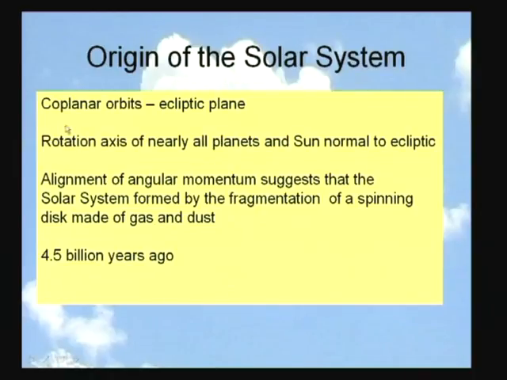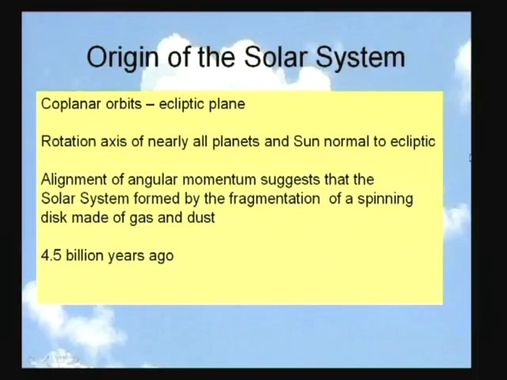The basic fact is that the orbits of all the planets are nearly coplanar with the ecliptic plane. Ecliptic is the plane in which the Earth moves around the Sun, and all the other planets are nearly coplanar. Mercury is the one which is the most inclined, and the rotation axes of nearly all the planets are also nearly normal to the ecliptic.